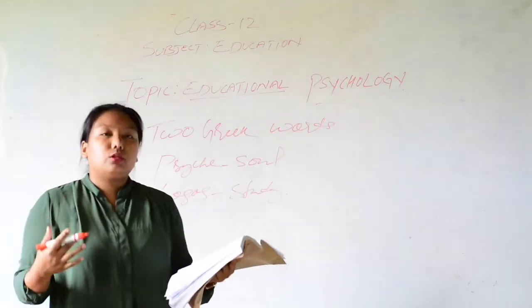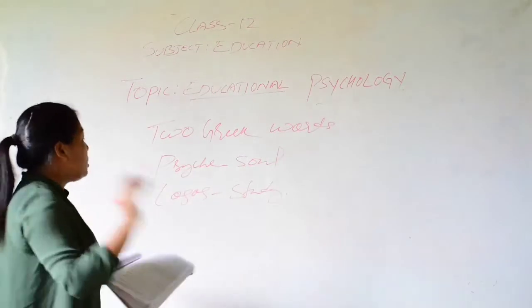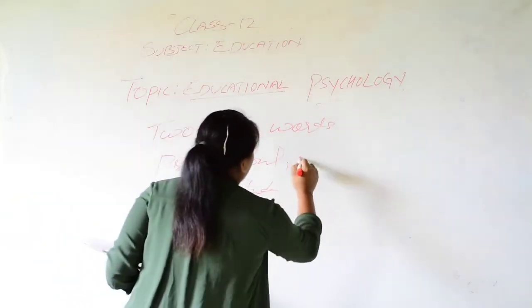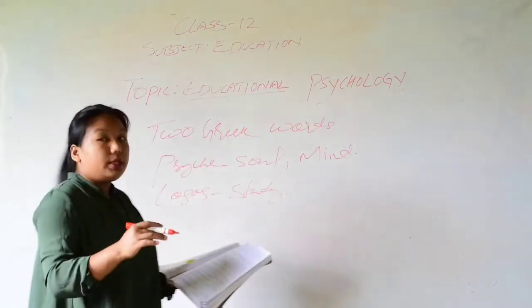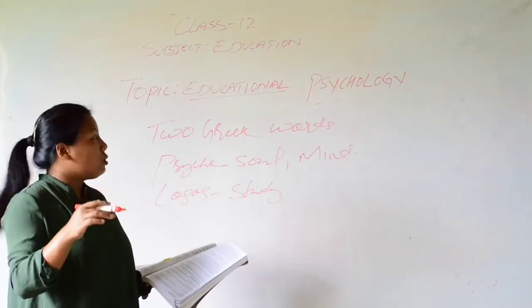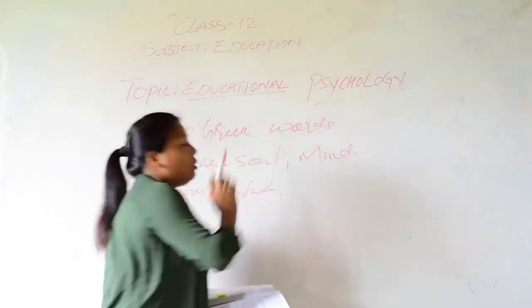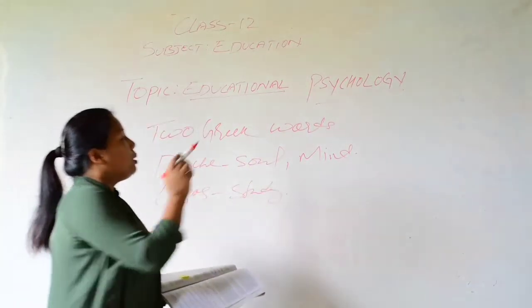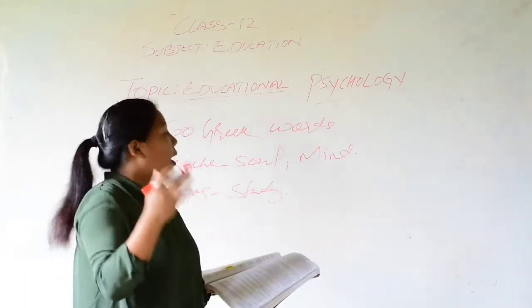So the ancient philosophers came up with another definition, that psychology is the study of mind. But this was also rejected because it faced the same questions, that is, what is mind and how to study it.